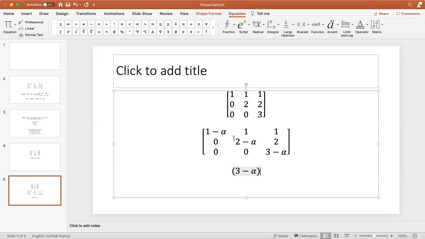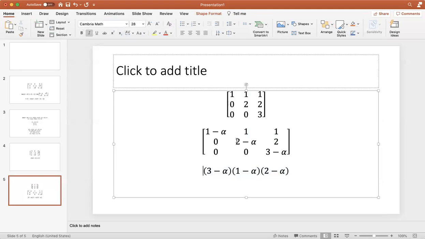So that's essentially 1 minus alpha, 1 minus alpha, and 2 minus alpha, right? So the determinant of A minus alpha I is equal to this expression, and setting this equal to 0.